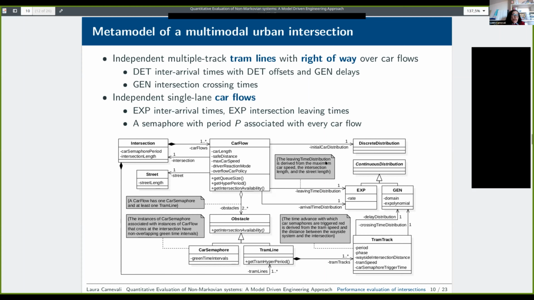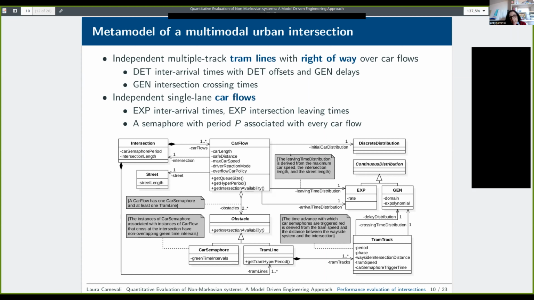This choice reflects the fact that we cannot have a monolithic non-Markovian model accounting for both tram tracks and car flows, because we could not afford the complexity when the queue size increases. The solution technique, the analysis of the model, could not scale with the queue size.